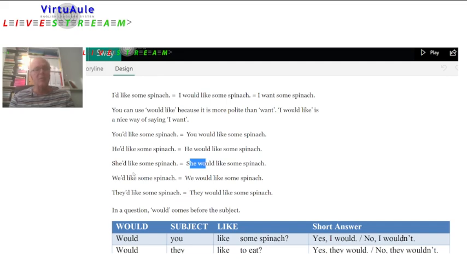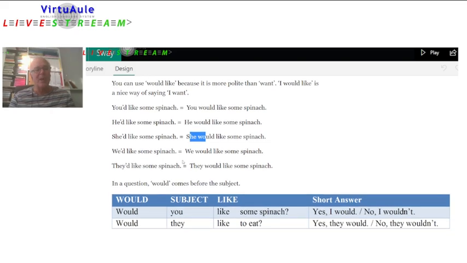So contracted form, she'd becomes she would. We'd like some spinach. We would like some spinach. We'd like. They'd like some spinach. They would like. So you see that the form doesn't change for any of the persons. No inflection changes the modal.